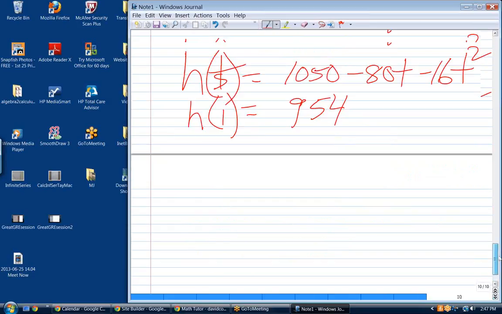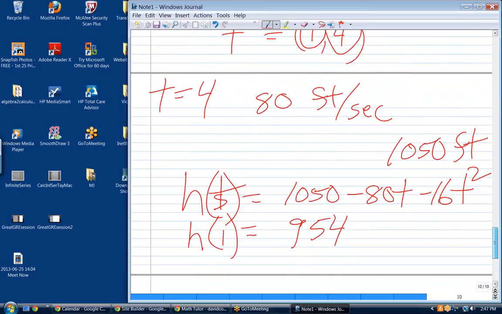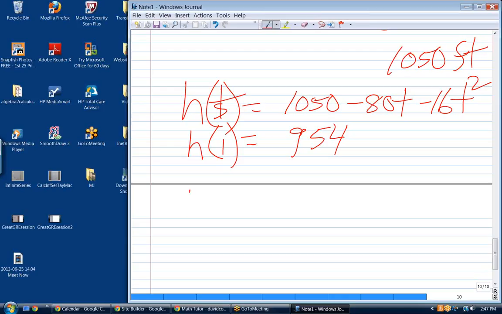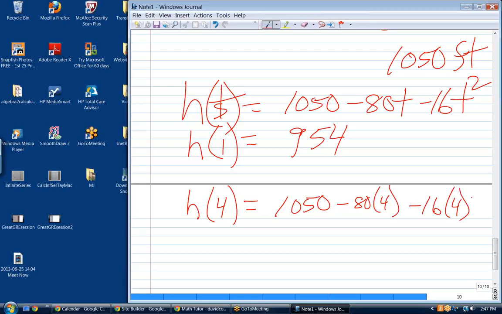And now we need h of 4 to figure out what its height is going to be at time equal 4 seconds. So that would be 1050 minus 80 times 4 minus 16 times 4 squared.